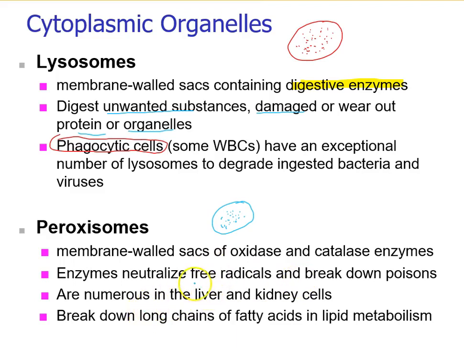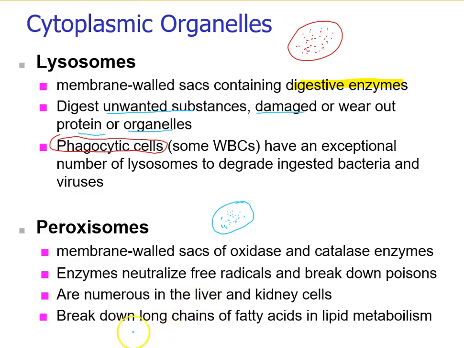So again, in which cells can we find lots of peroxisomes? In the liver and kidney cells, because the liver is going to detoxify toxins and poisons. So we can find lots of peroxisomes in hepatocytes, or liver cells, and also in kidney cells.